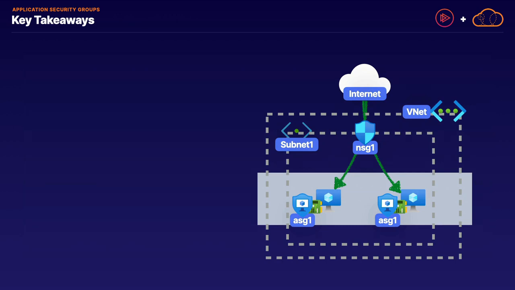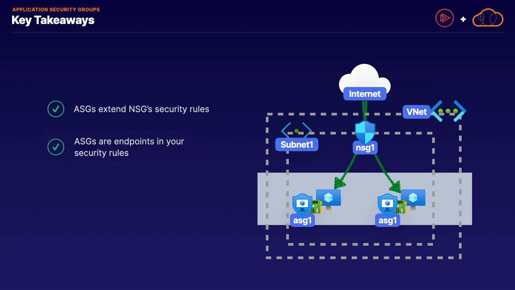Some of the things that we need to understand about application security groups, if we take away anything, is that ASGs are designed to extend the functionality of our NSG security rules. And they're doing this by providing intelligence by logically grouping resources under an application security group, which acts like a tag for those resources so that we can refer to them inside of our security rules. And it's in these security rules that our ASGs can be an endpoint in either the source or the destination of that security rule.